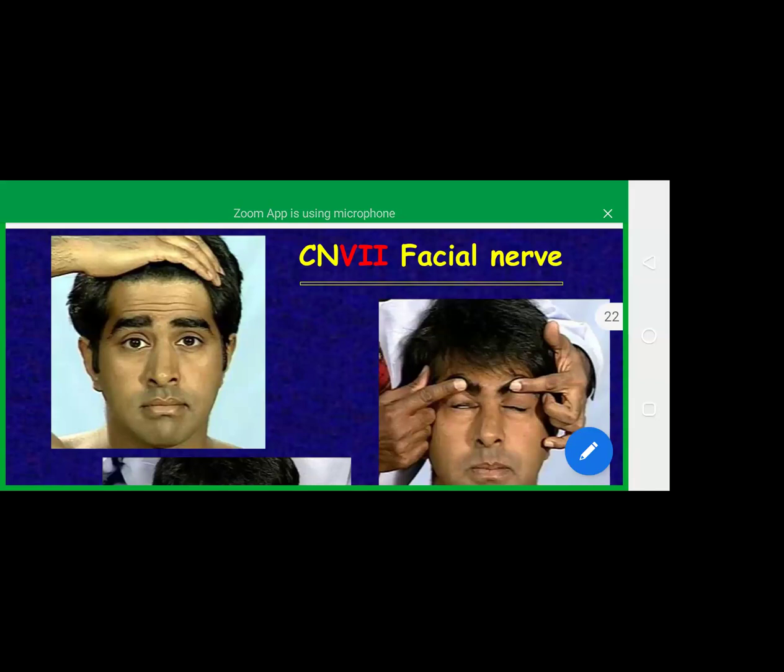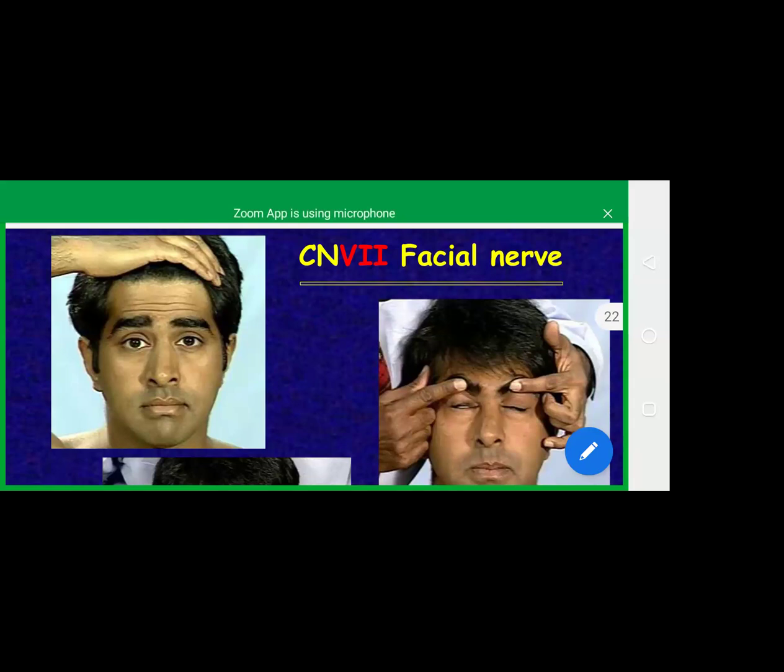He is able to wrinkle his forehead. The mouth is not deviated to any side, and the nasolabial groove, the groove between the nose and the mouth, is still maintained.